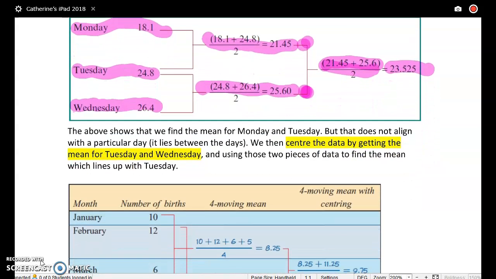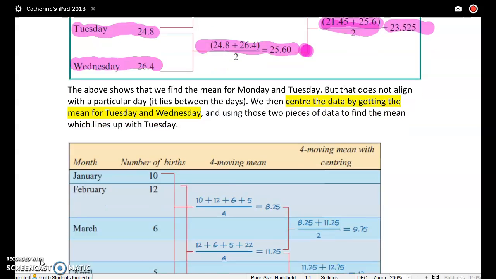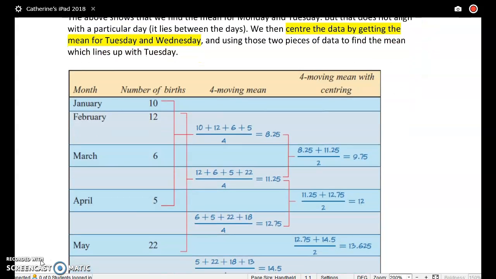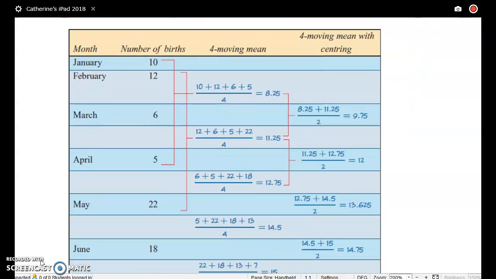Now, that's with 2 pieces of data. We can also do it with 4. Here they haven't written it quite clearly. It would be good if they had put a line in here, so I'm going to do that. Very wonky line, but that's okay. So you can see we've got January, February, March, April.